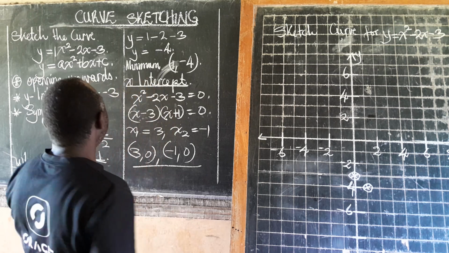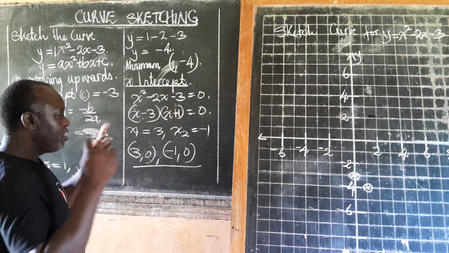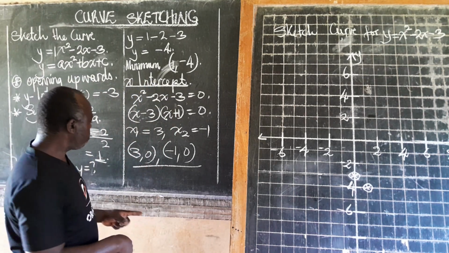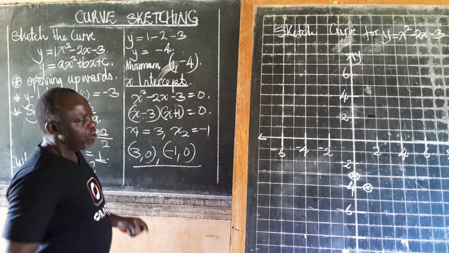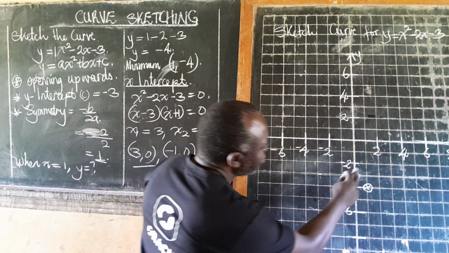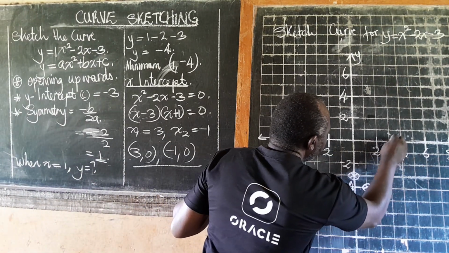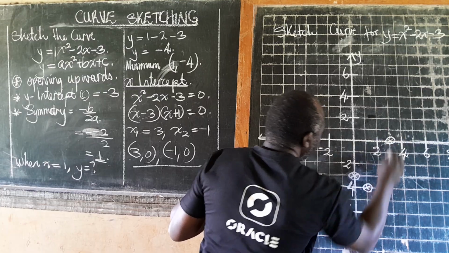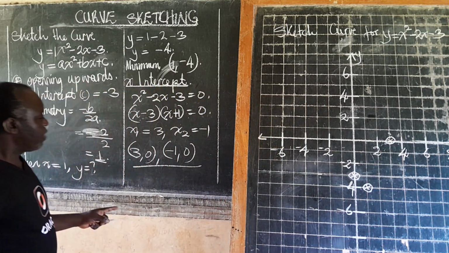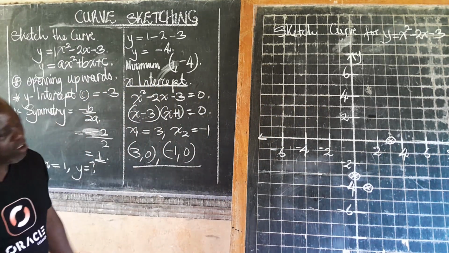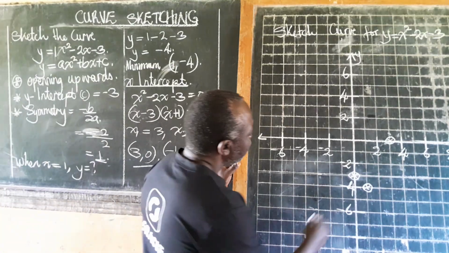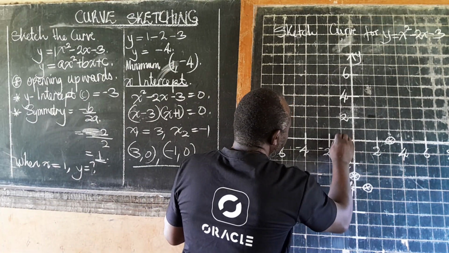Good. Next we have the x-intercepts. We have (3, 0). Where is (3, 0)? This is 2, this is 4, therefore (3, 0) is here. Is it okay? Then we have (negative 1, 0), which is here.